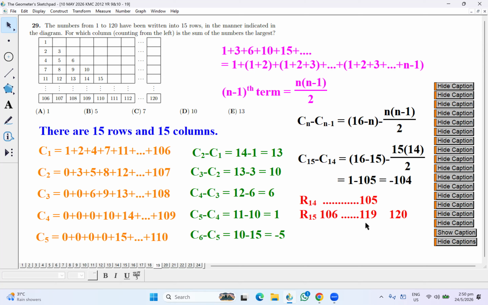So row 14, you add these two. Row 15 minus row 14. Column, sorry, this is column. Column 15, 120. Column 14, add up is 224, 104. So the formula is correct one.